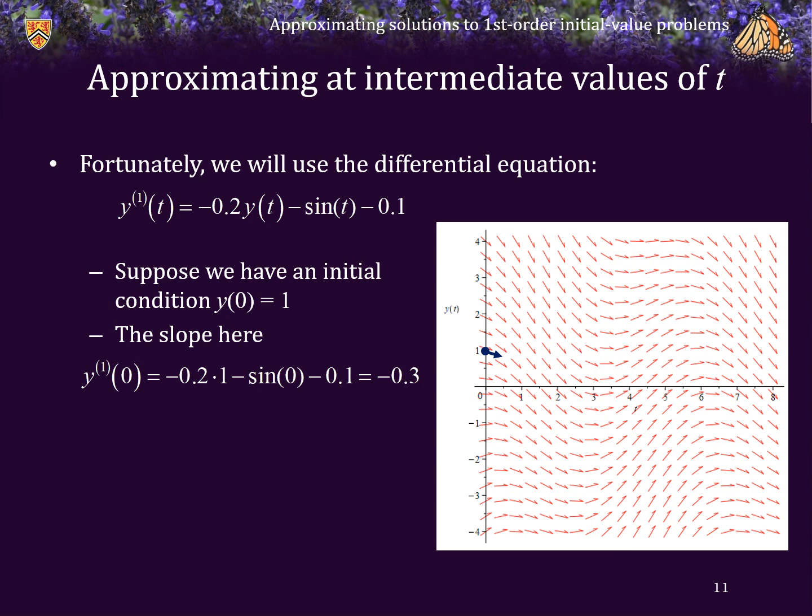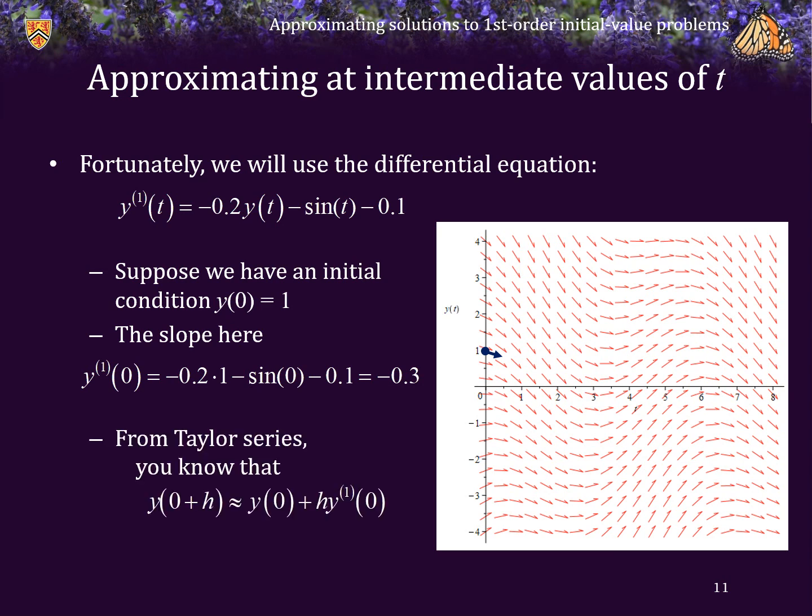So approximately that in the image. Well, you also know from Taylor's series that y at 0 plus h is equal to y at 0, the initial condition, plus h times the slope, which we just calculated. So given an h of 0.5, we get that approximation there.